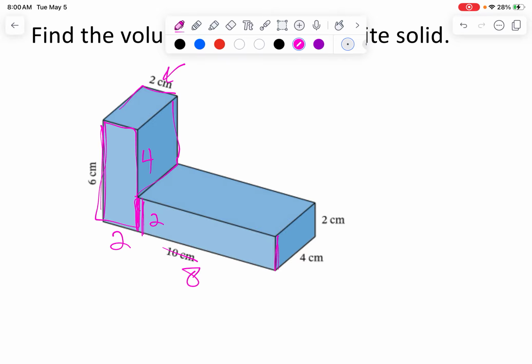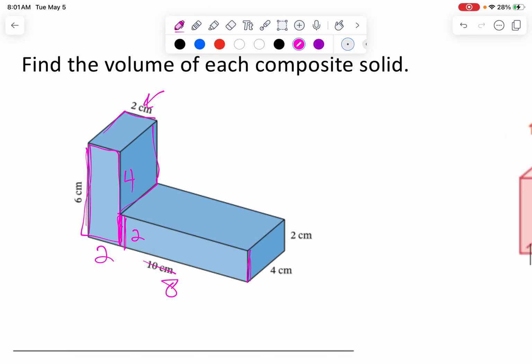All right, let's do the one on the left.